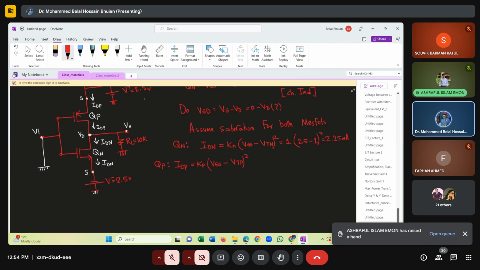Just remember the steps we followed to solve the MOSFET circuit, considering the MOSFETs are operating in the saturation region. What is KP? 1 milliampere per volt square. What is VG? VG is equal to 0. VS is equal to 2.5, so VGS is minus 2.5. What is VTP? Minus 1. So minus plus.